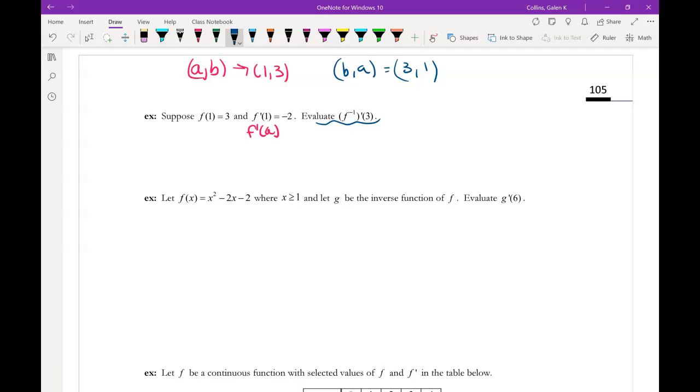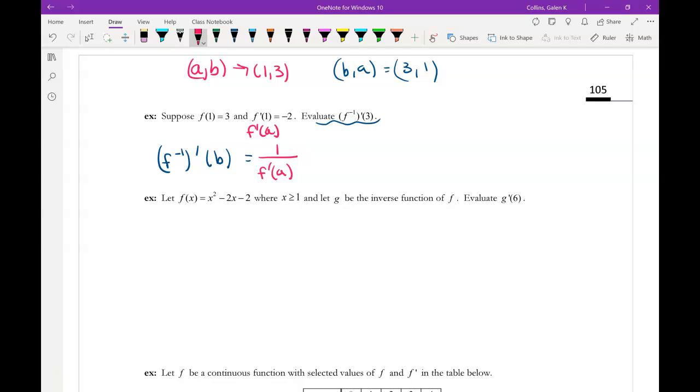So using that formula from page 104, I know that if I want to evaluate the derivative of the inverse of f at some value b, that's going to be the reciprocal, so 1 over the derivative of f, so f prime at a.